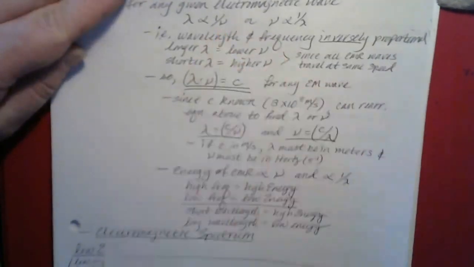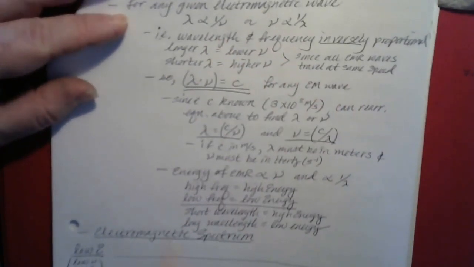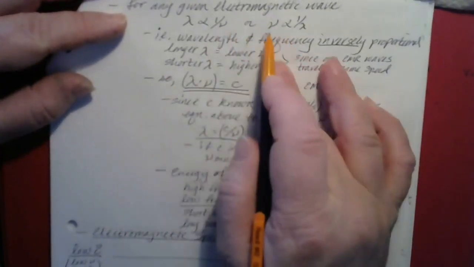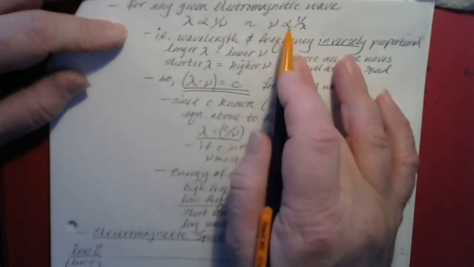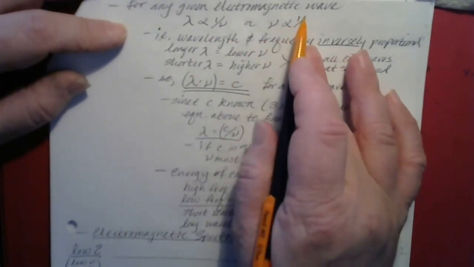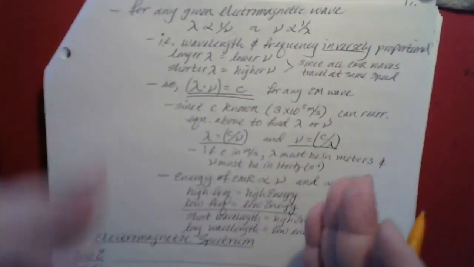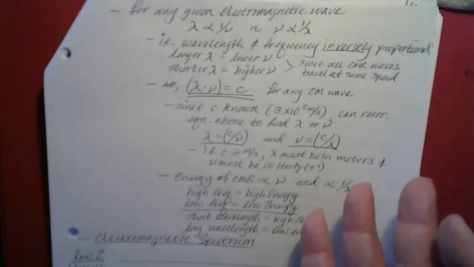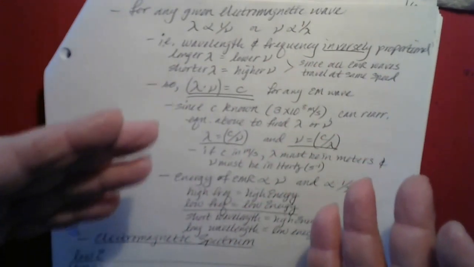Okay, so as it turns out, wavelength is inversely proportional to frequency. As wavelength goes up, frequency goes down, and vice versa. Or you could say frequency is inversely proportional to wavelength. Both of these mean the same thing. So if you have two electromagnetic waves and one of them has double the wavelength, it'll have half the frequency, and vice versa.